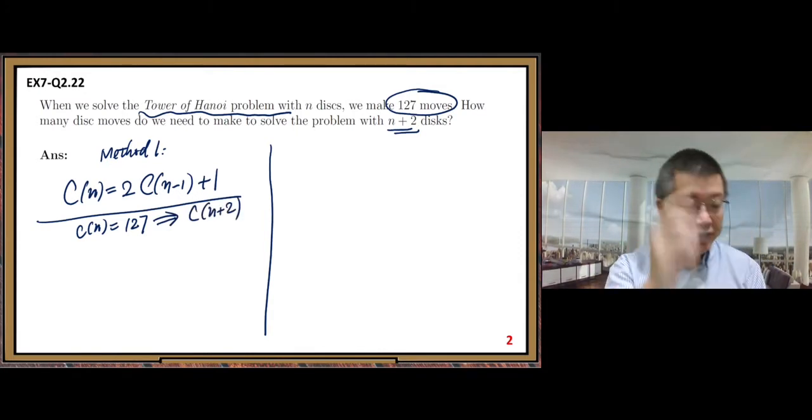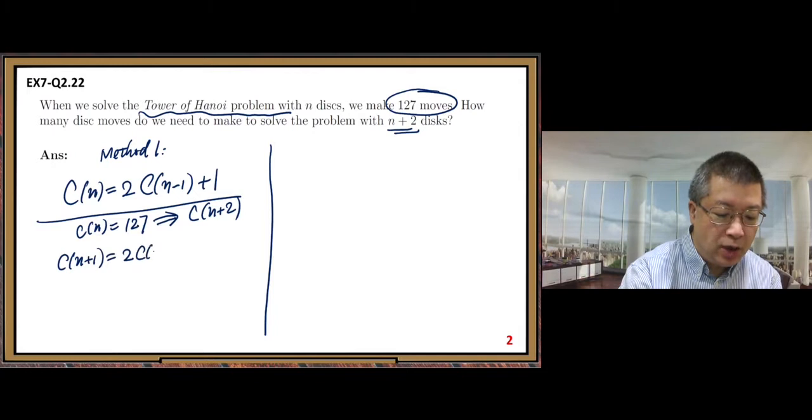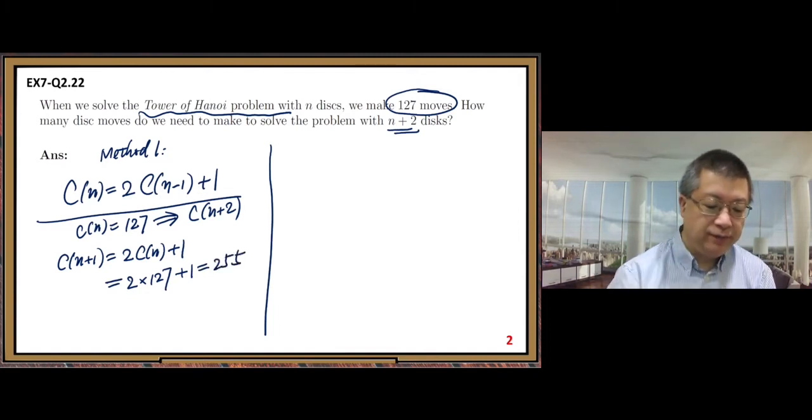So let's do 2 steps. The first step, C of n plus 1 equals 2 times C of n plus 1. So equals 2 times 127 plus 1, 255, right?